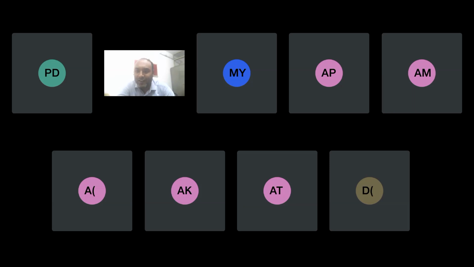I am very grateful that I got such a team for conducting this workshop. I am thankful to each and every member who joined in this workshop. And last but not least, all the participants, because without the participants, no workshop will be successful. So I would like to thank all the participants as well.